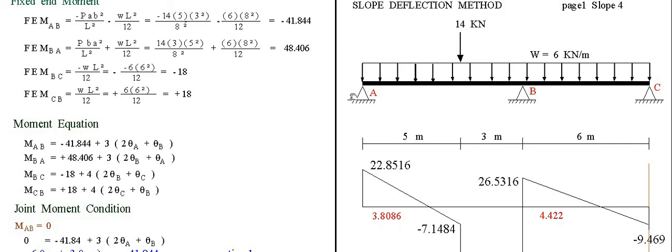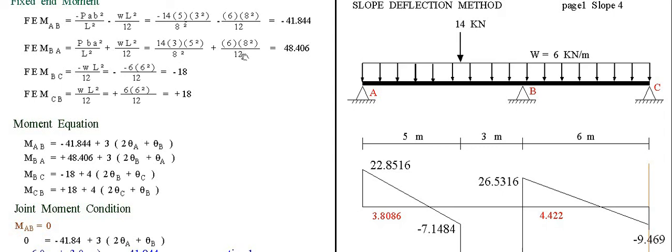The fixed end moment BA is positive. BA is equal to this formula. Okay, we go direct to the substitution. 410 times the near distance 3 times the far distance of 5 square divided by 8 square.